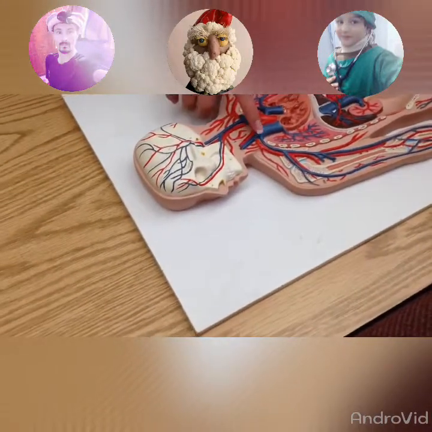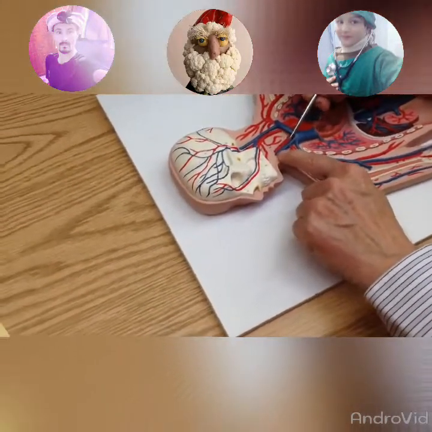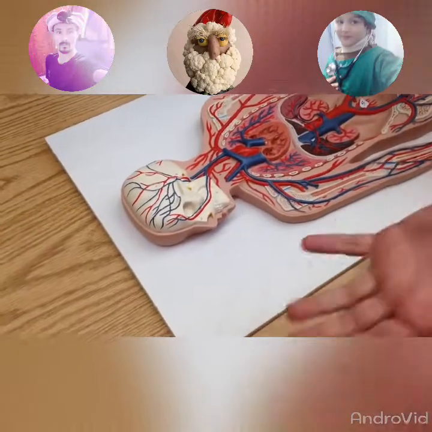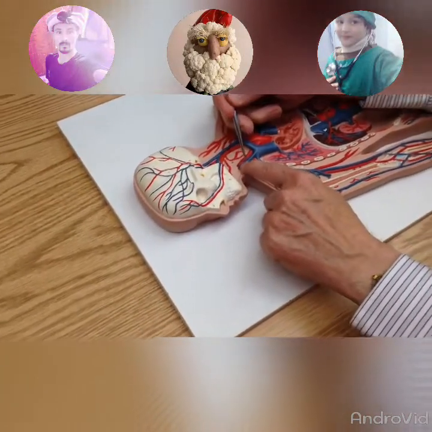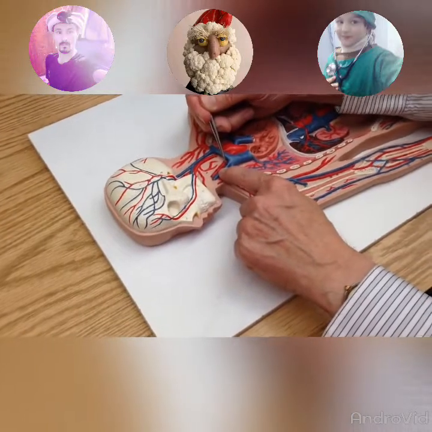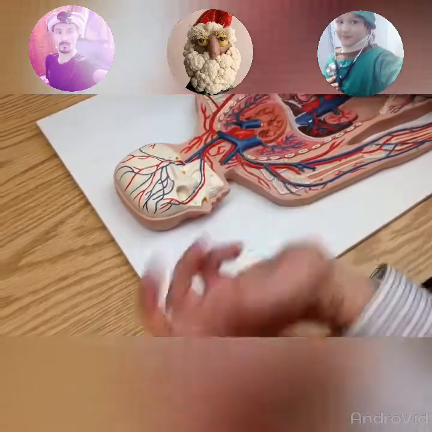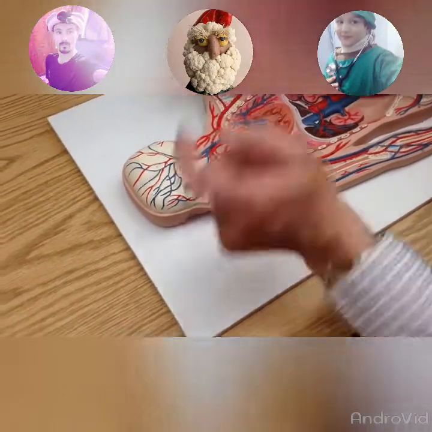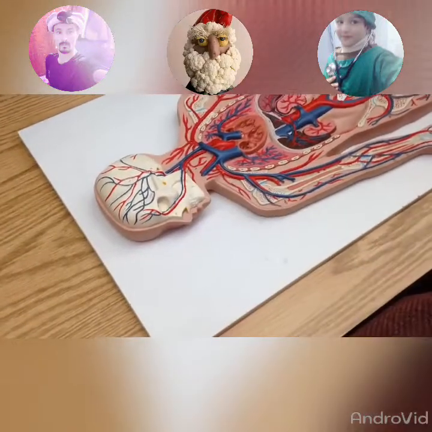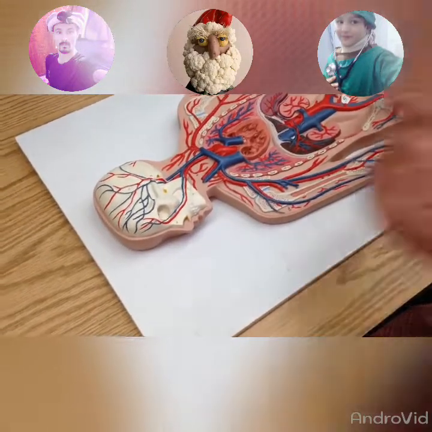So, anyway, that one was the jugular. It's actually the internal jugular, which is by far the bigger of the two jugulars. So this is the right internal jugular vein, kind of partnering with the common carotid, and here's the left internal jugular vein, partnering with the left common carotid.